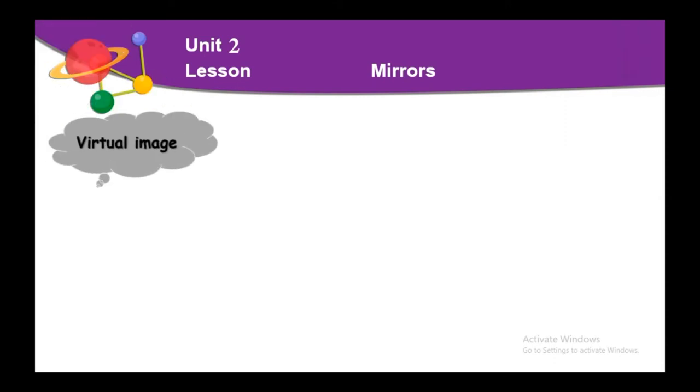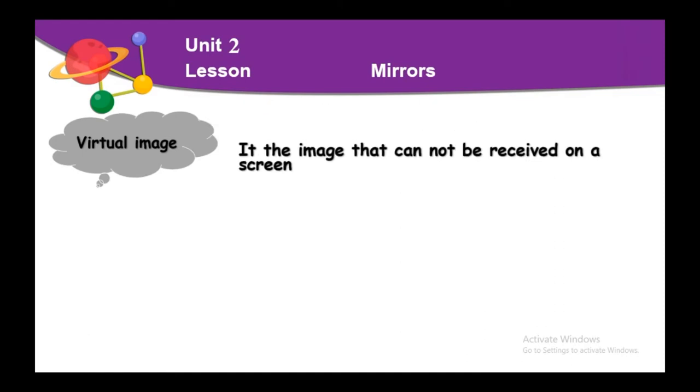Now we will talk about the meaning of virtual image. What does this mean? It is the image that can't be received on a screen in front of the mirror. It forms behind the mirror, not in front of it, so it can't be received on a screen.